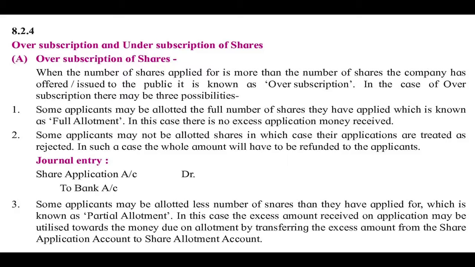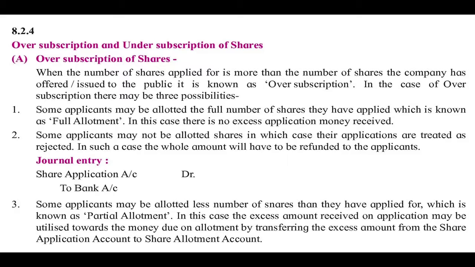For example, the company has issued 15,000 shares in the market, but the company receives applications for 18,000 shares. Then the 3,000 share applications are called the oversubscription. It means more investors apply for the shares.